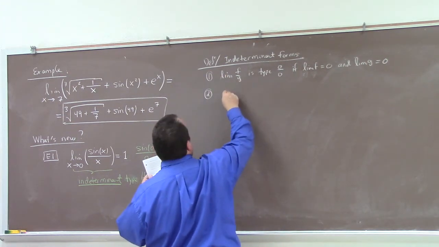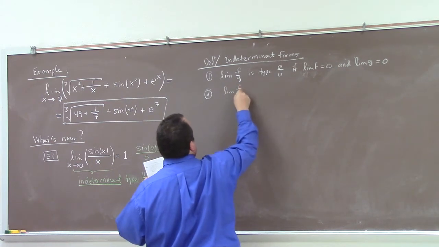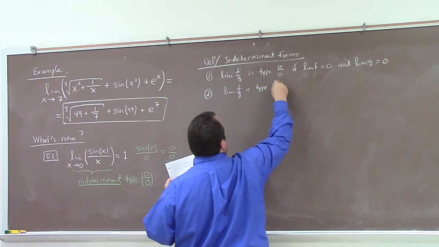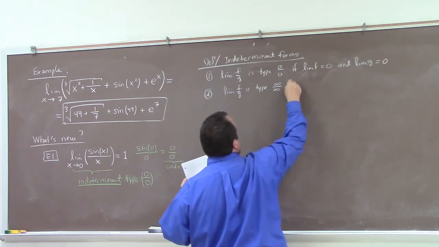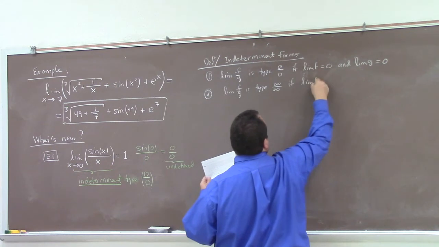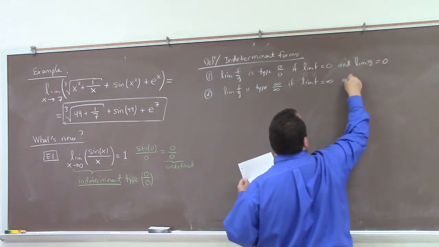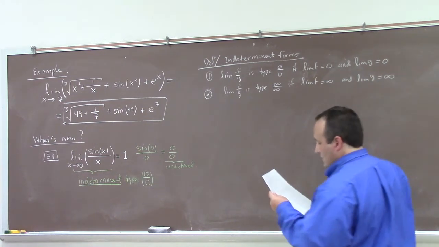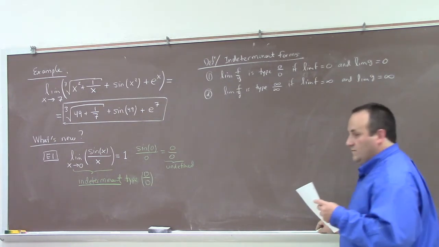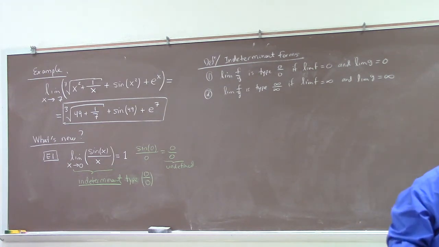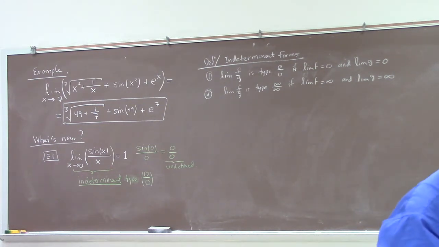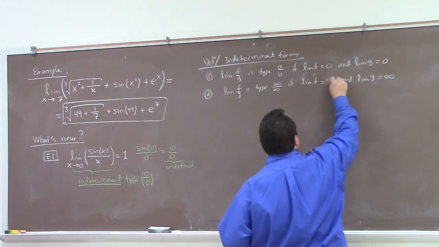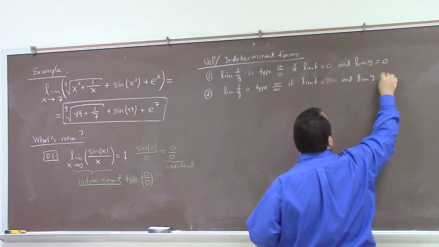Number 2: the limit of f over g is type infinity over infinity if the limit of f is infinity and the limit of g is infinity. Actually, they could be plus or minus infinity. It doesn't really matter. One could be infinity, one could be minus infinity. We don't care about all that. In this thinking, it could be plus or minus infinity, actually. Okay?